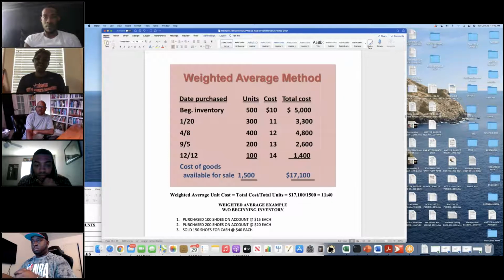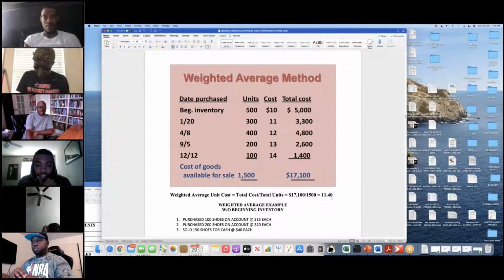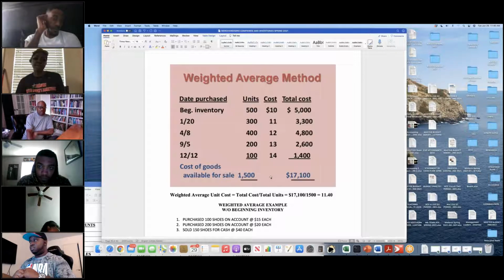So that was 11.4. So just looking at that, when we do weighted average, we're going to add up the units, we're going to add up the total cost, and we're going to get an average.